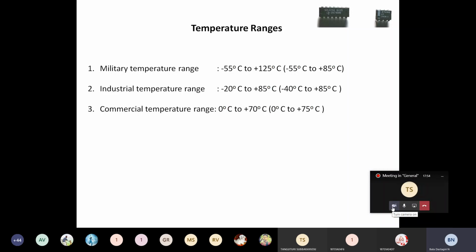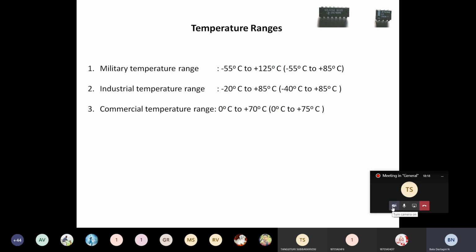Next, the temperature ranges. The temperature range of an IC varies from application to application. For ICs used in military applications, the temperature the IC should withstand is minus 55 degrees centigrade to 125 degrees centigrade.